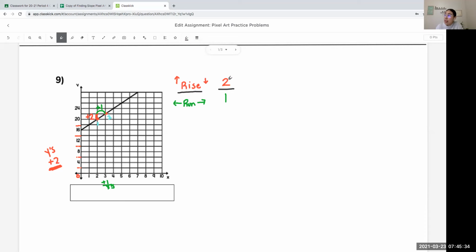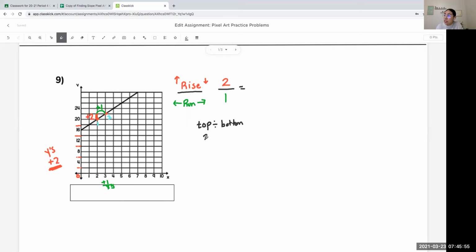Now that we actually have our slope here, 2 over 1, you want to simplify this if you can. You can divide both numbers on top and bottom by a number, but when I see this fraction, I can also think of the top being divided by the bottom, the numerator divided by the denominator.